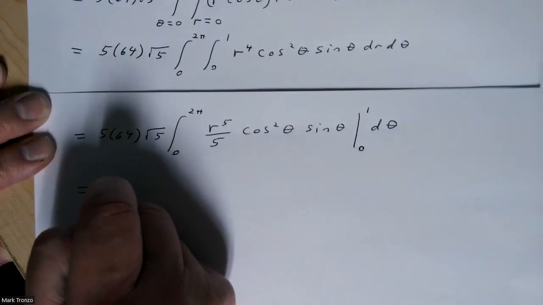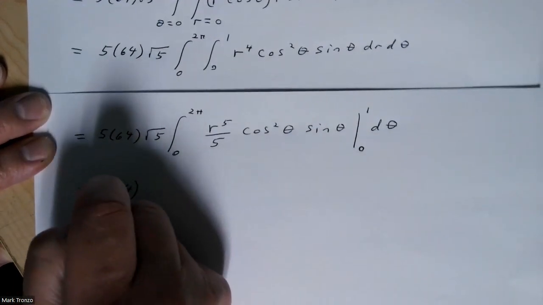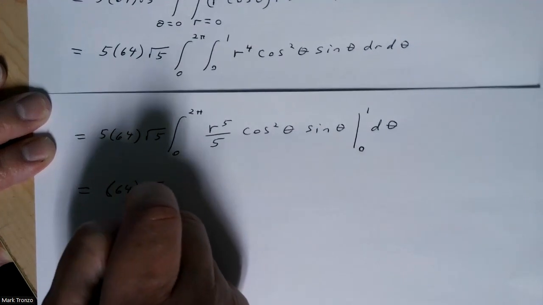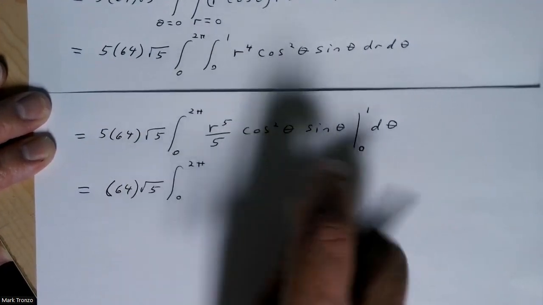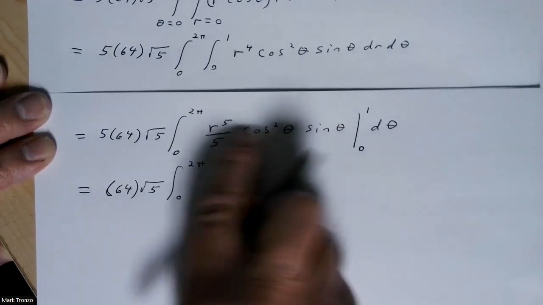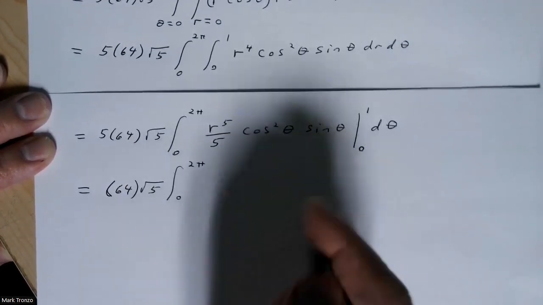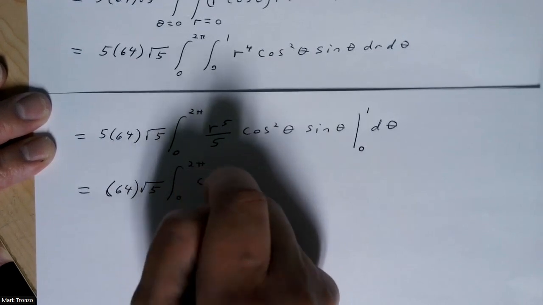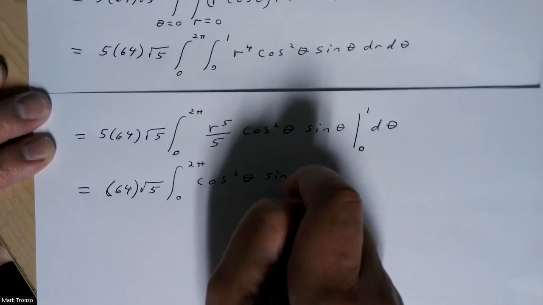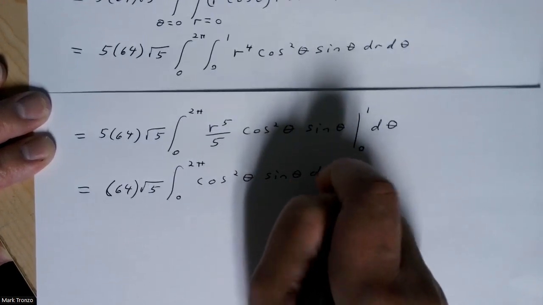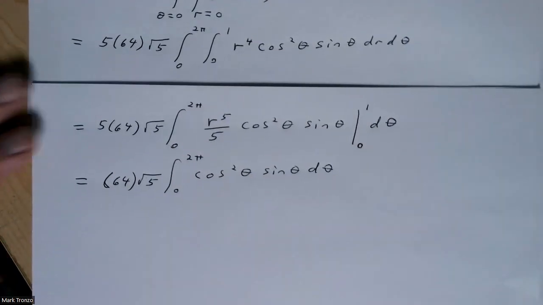So that'll be one good thing that we can get out of this. And then, like I said, the lower bound is going to end up being 0. Then we have cos squared theta sine theta d theta like this.